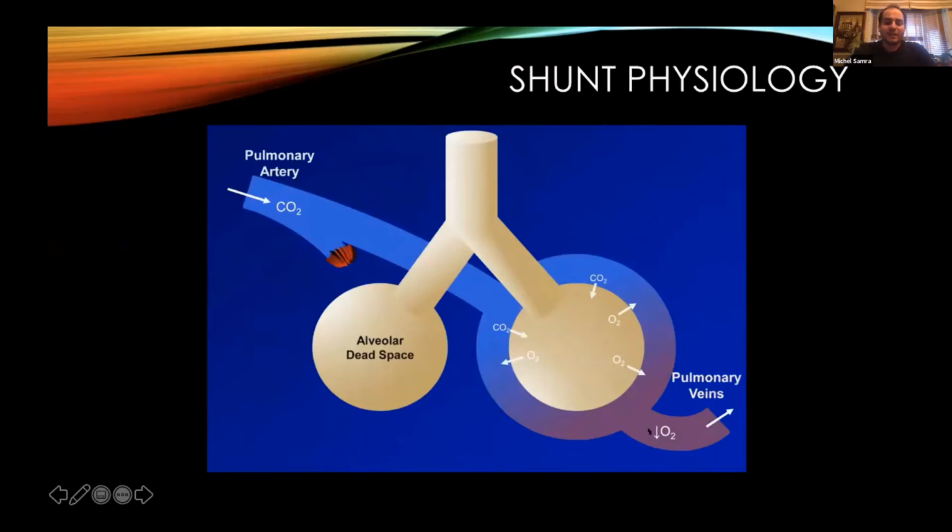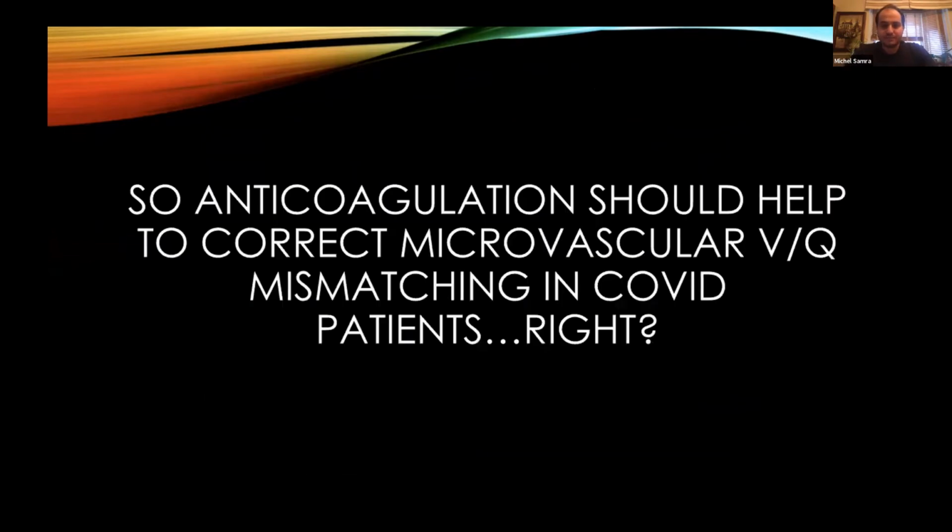And this is why VQ mismatch can lead to a decreased PaO2. So when you think about that, it makes sense that anticoagulation would help to correct a microvascular VQ mismatching in COVID patients, right? That's what we're going to talk about.